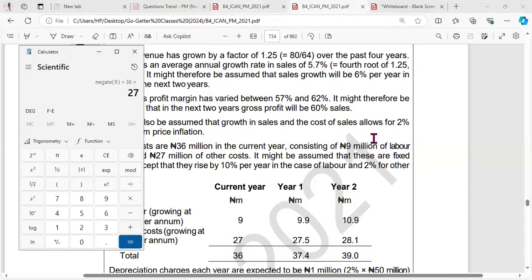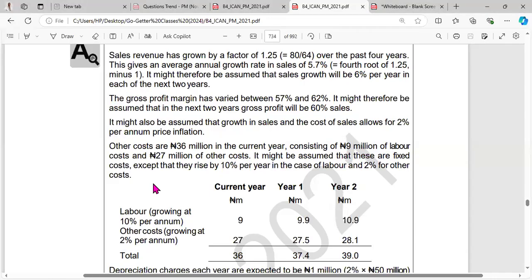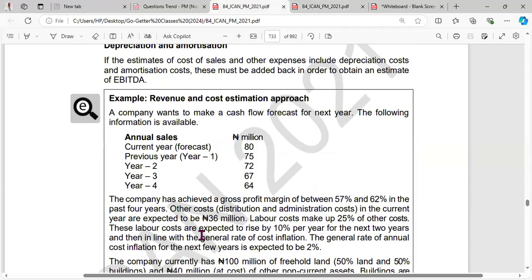That's your assumption. It might be assumed that these costs are fixed, except that they rise by 10%. So you see here, they said labor costs make up 25% of other costs. Labor costs are expected to rise by 10% for the next 2 years, and then in line with the general rate of inflation.